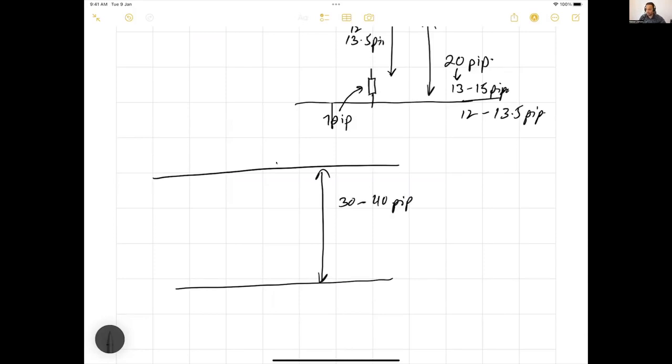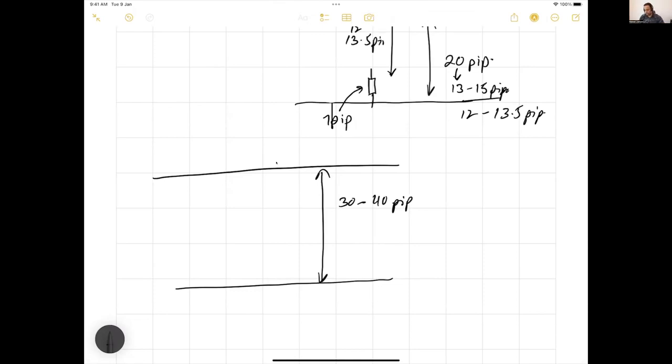This is going to be a much better scenario for a profitable trade. Sometimes guys ask, is a 25 pip range better or is a 30 pip range better? I would say anything between 25 and above is going to be a great range to take a trade.